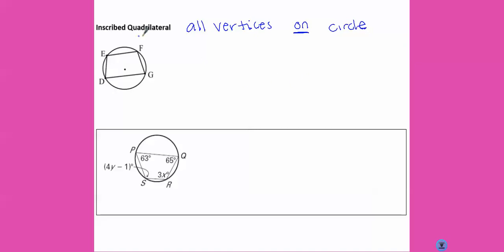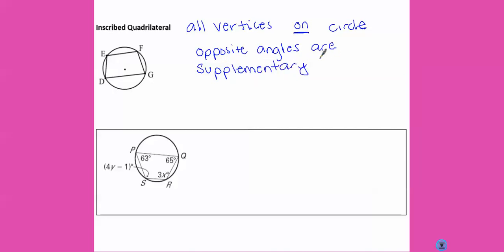And the special thing about these inscribed quadrilaterals is that the opposite angles are supplementary, which, in case you've forgotten, means that they add to 180 degrees.